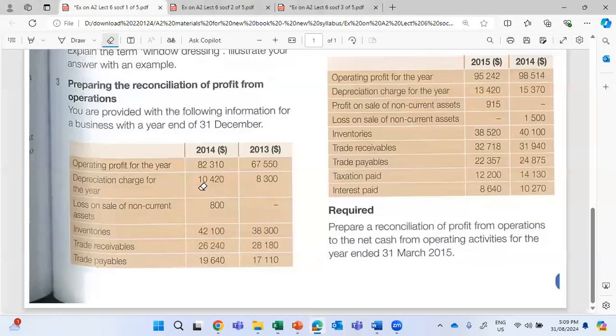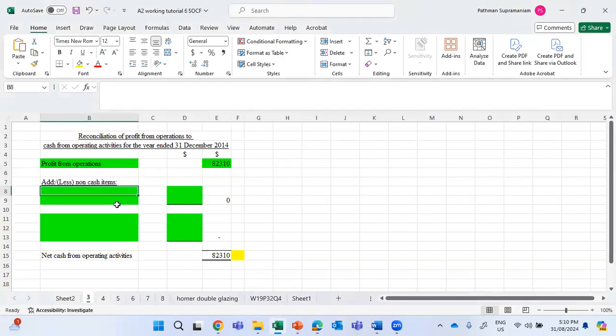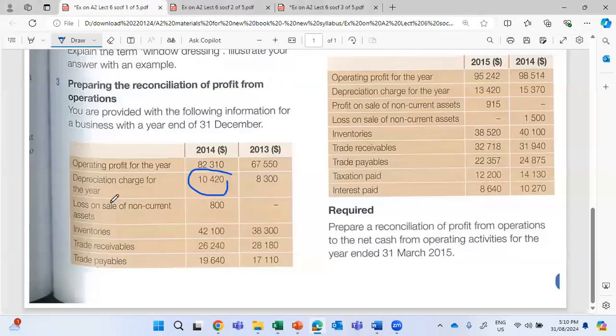Going back to the question, depreciation is a non-cash expense. So I'll need to add depreciation of 10,420. And then loss on sale of non-current assets is a non-cash expense.